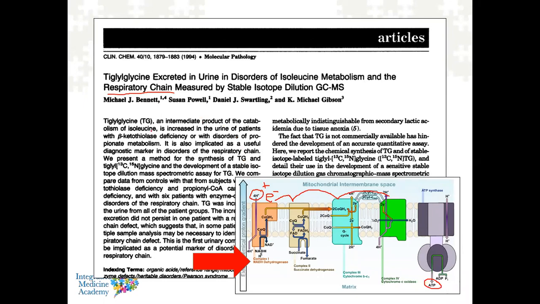Okay, and it turns out that Ti-glycine becomes elevated when we're interfering with complex 1 of the electron transport chain. Now that could occur either because we're not getting good activation because of a chemical called NADH. Could also have a severe CoQ10 deficiency.